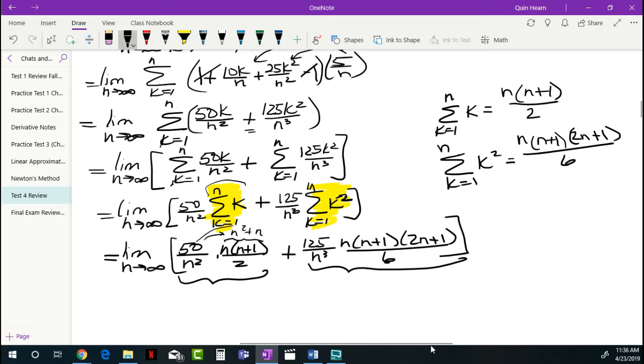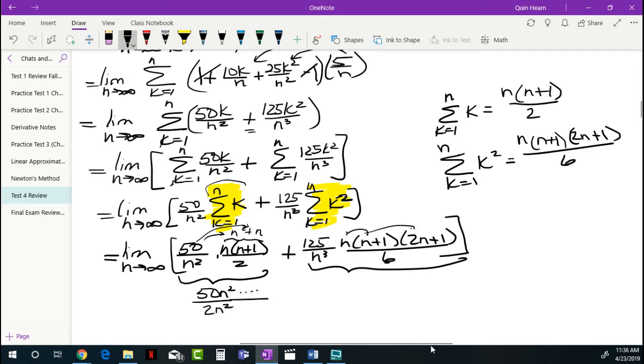So we're going to have the limit as n goes to infinity of 50 over n squared times n plus 1 over 2 plus 125 over n cubed times n plus 1 times 2n plus 1 over 6.